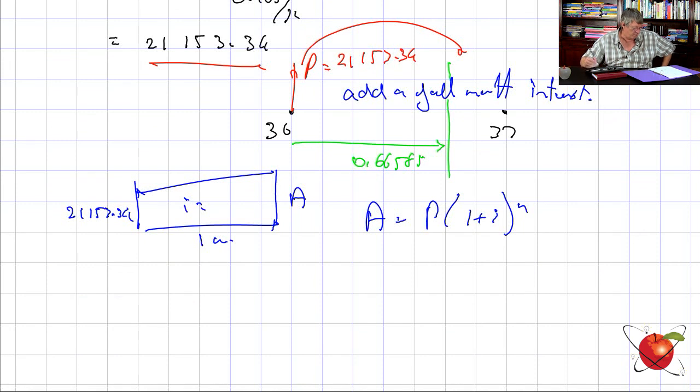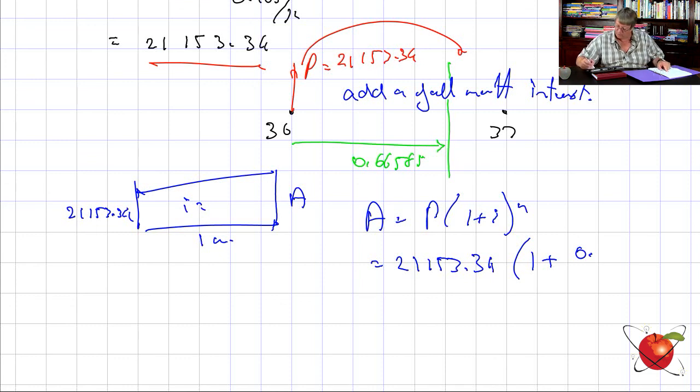And my last point here is we say that is equal to 21,153.34 multiplied by 1 plus 0.105 over 12, all to the 1.